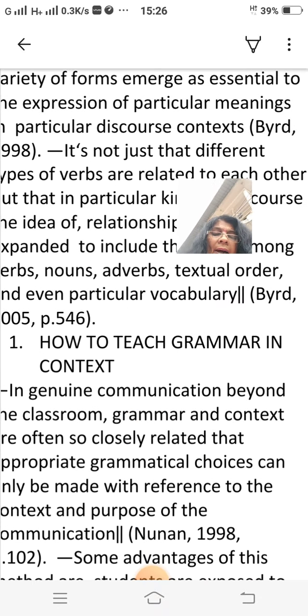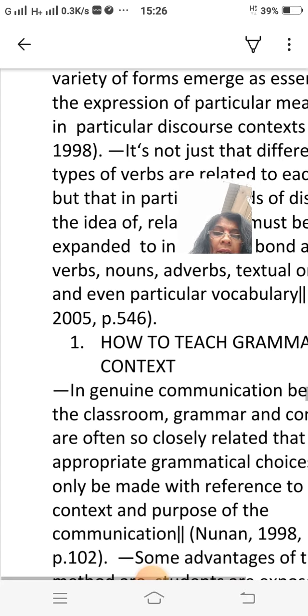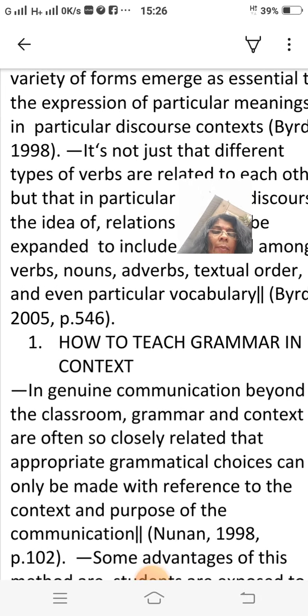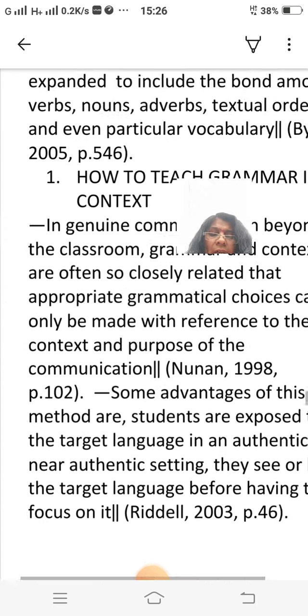How to teach grammar in context? In genuine communication beyond the classroom, grammar and context are often so closely related that appropriate grammatical choice can only be made with reference to the context and purpose of the communication.